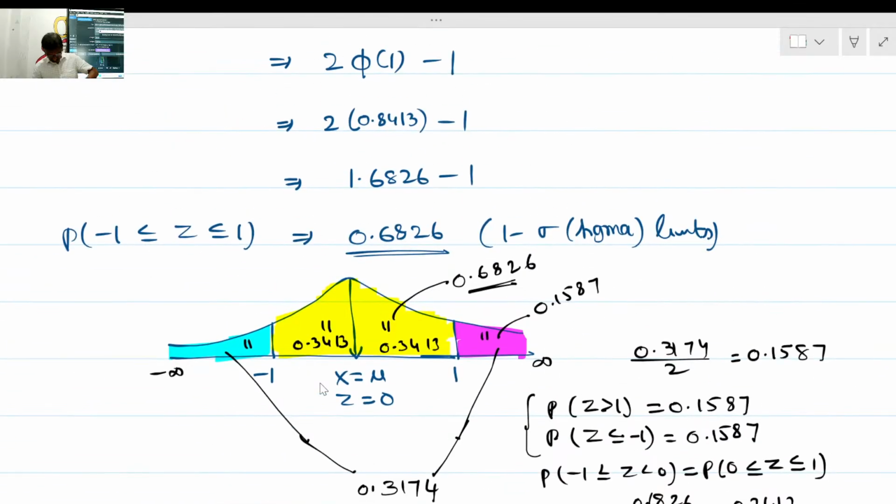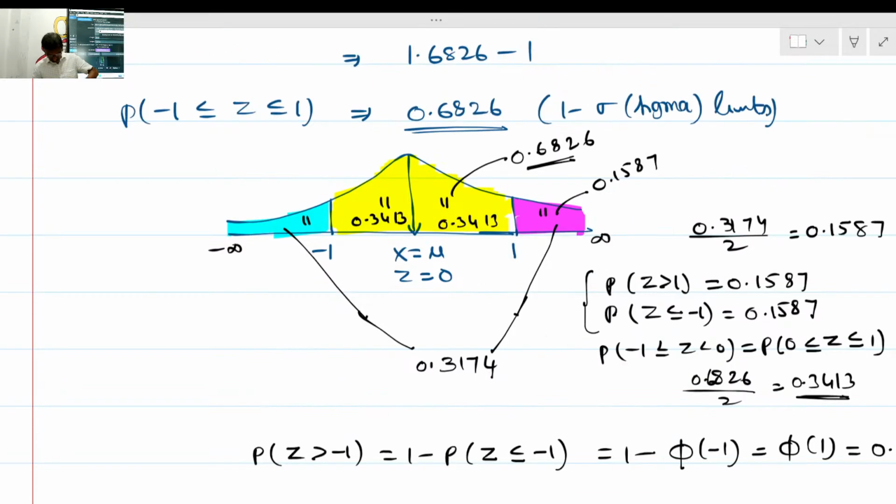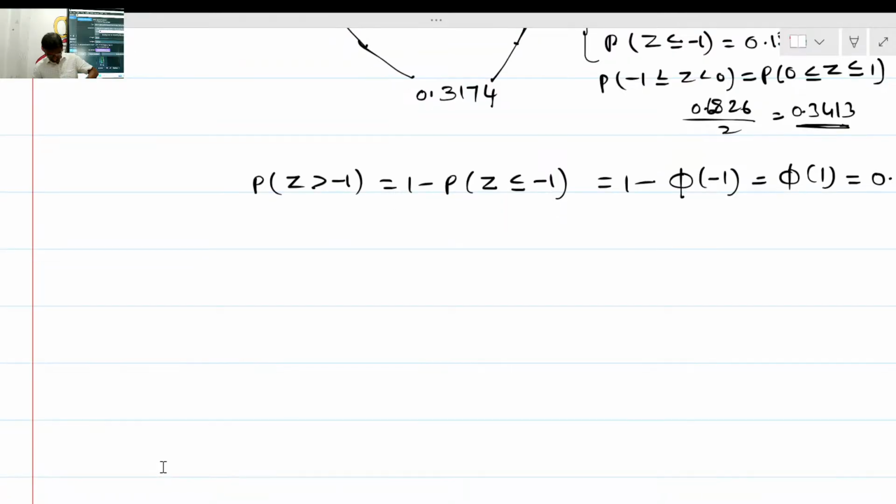Now see, two sigma limits. Mu minus 2 sigma less than or equal to x less than or equal to mu plus 2 sigma.